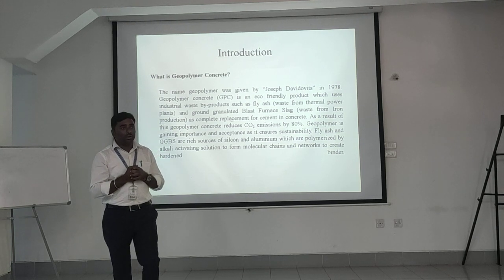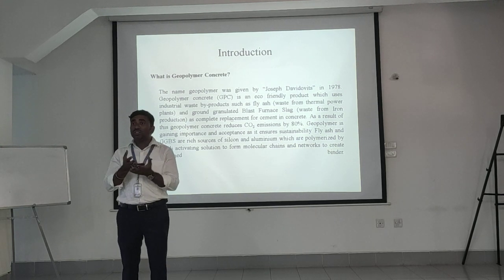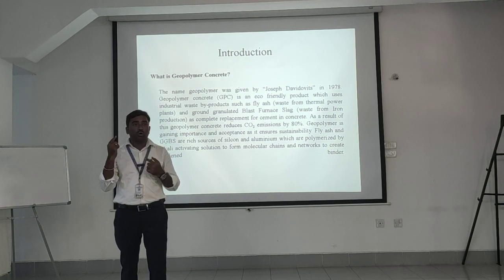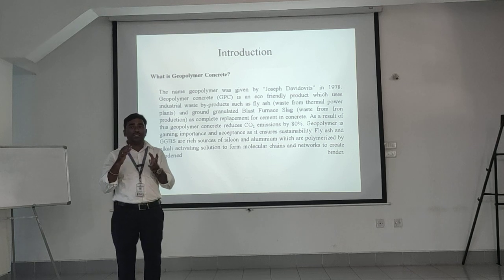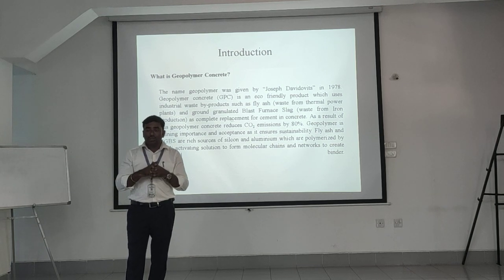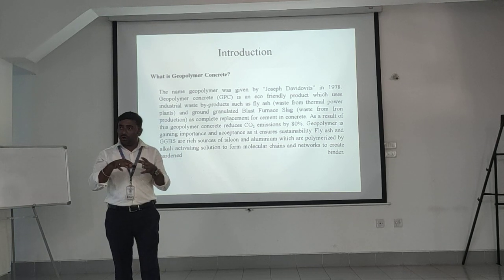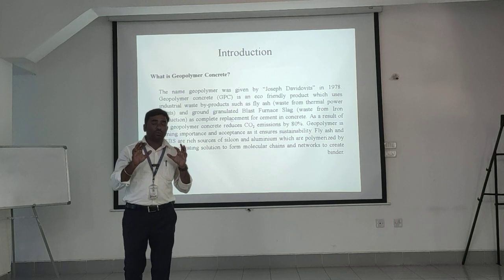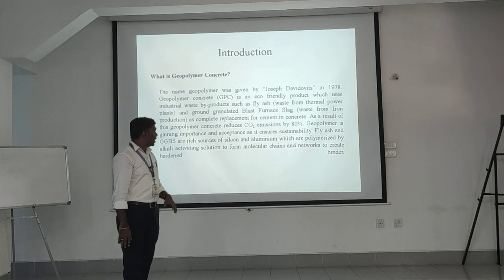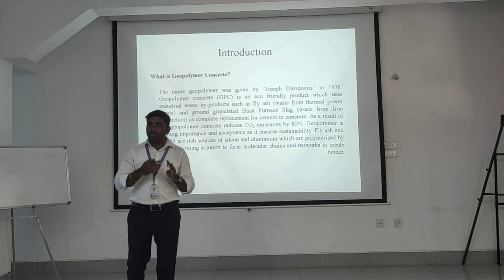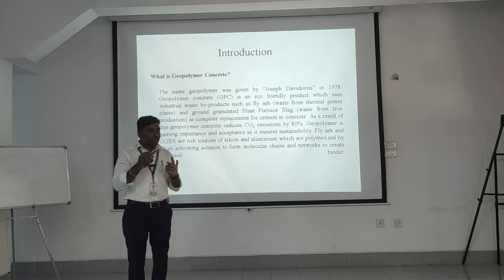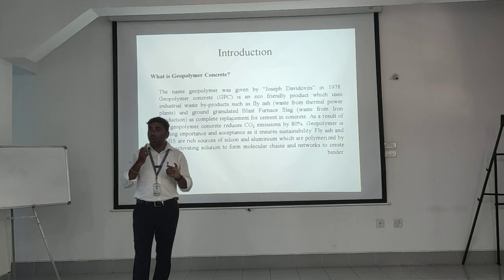The aggregates which are retained on the 4.75 mm IS sieve, IS means Indian Standard, those we call coarse aggregate. So concrete is a mixture of cement, fine aggregate, coarse aggregate, as well as water.